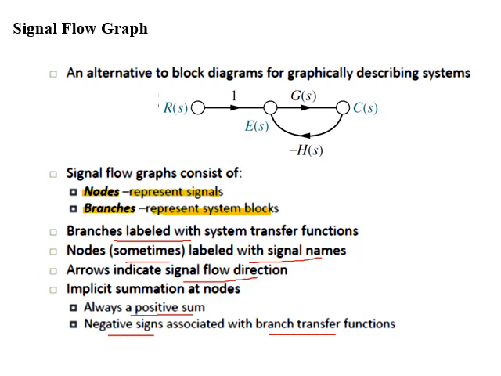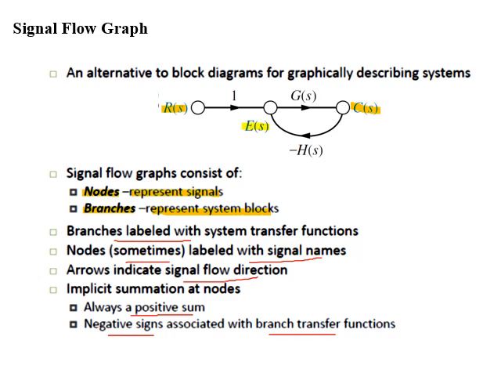If you look at the figure, in this, a feedback form of system is represented in signal flow graph representation, where R of S is input and C of S is output. Here, the signals are represented in the form of node.